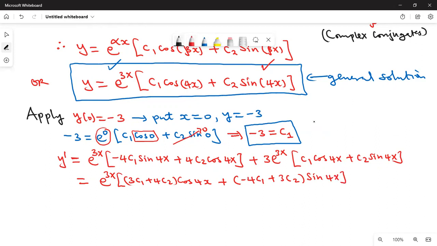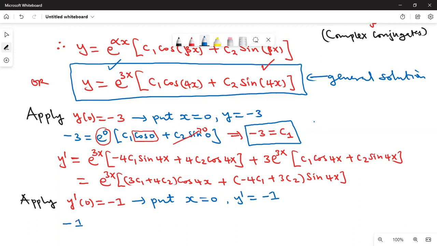So now apply the other condition, that y prime at 0 is equal to -1. What does it mean? I'm going to substitute x equal to 0 and y prime equal to -1. So it means -1 is equal to exponential 0.